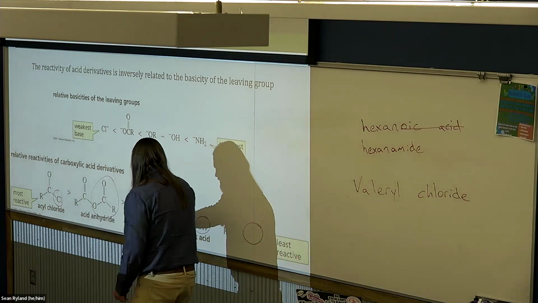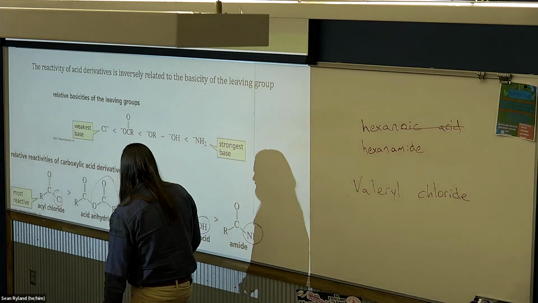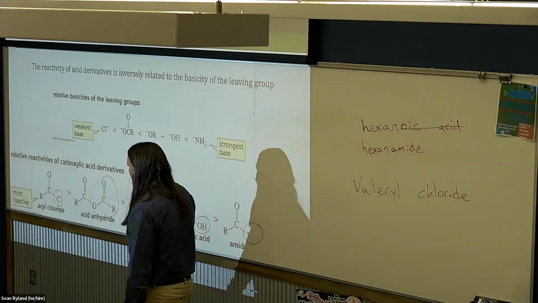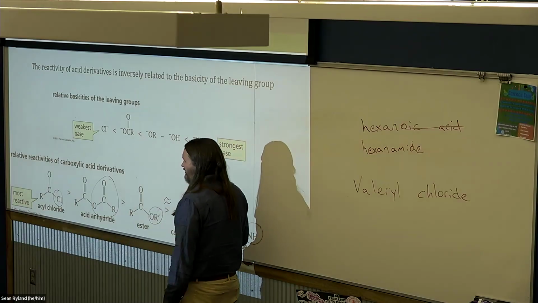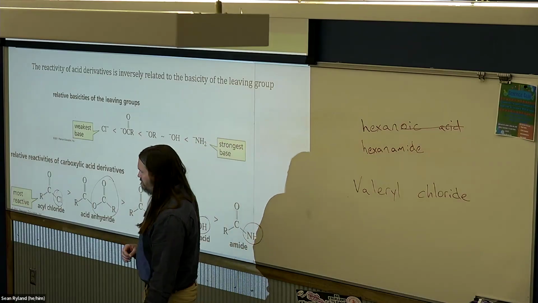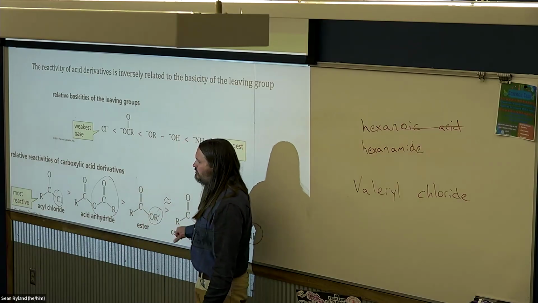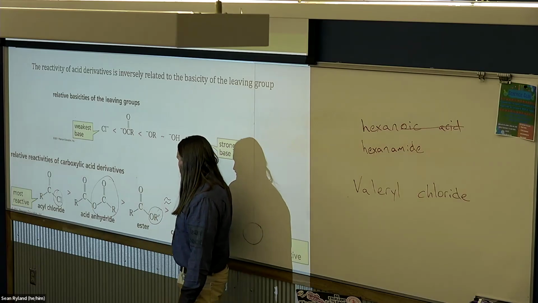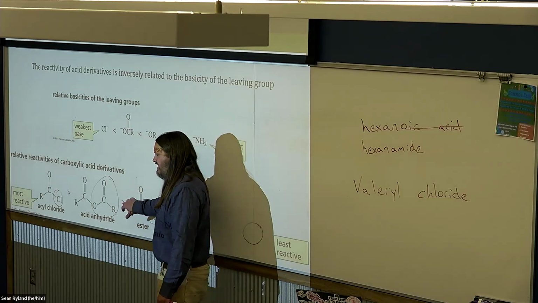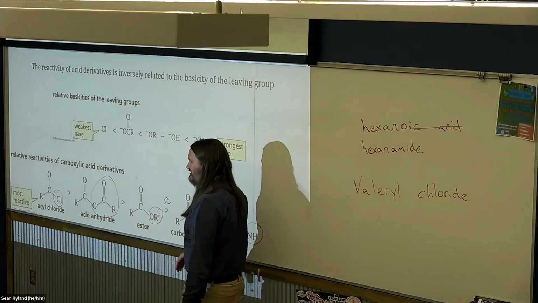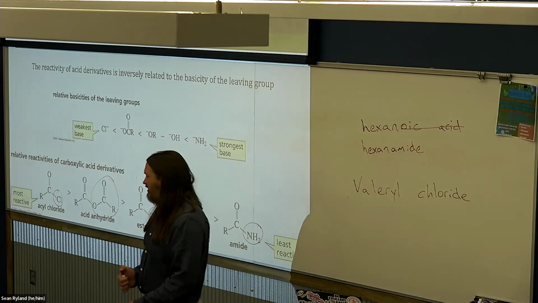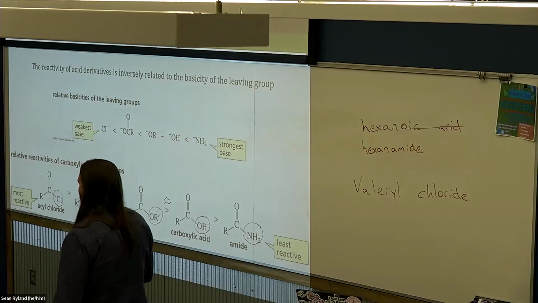This figure has a greater than symbol between esters and carboxylic acids, but they're really approximately the same. The reason we think of carboxylic acids being less reactive is we usually have more water around, which means if you have a whole bunch of water around and you have some esters, the esters will get converted into carboxylic acid, but that's more of an equilibrium thing than a reactivity thing.